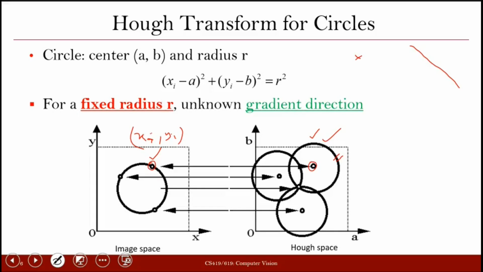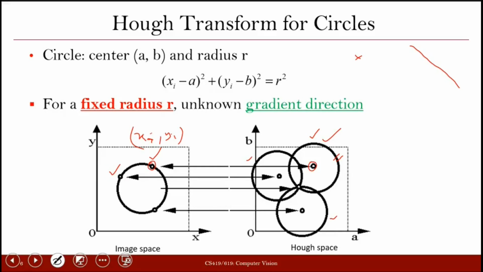Okay. Similarly, corresponding to this point, if you do the same thing, you will again have a circle here, which will define the possible parameters. So all the values of A and B which fall below this circle will get 1 vote. Similarly, for the third point, you have another circle.